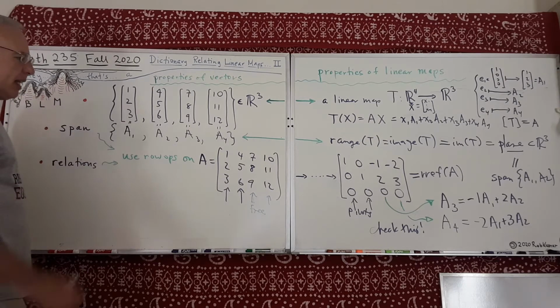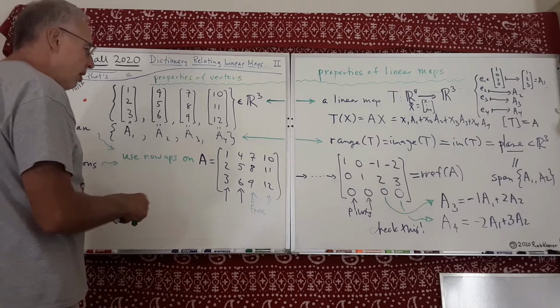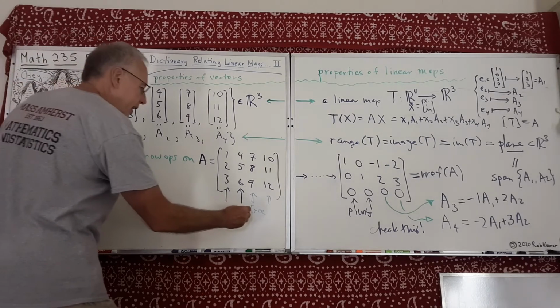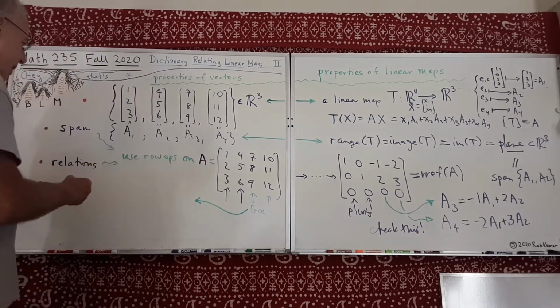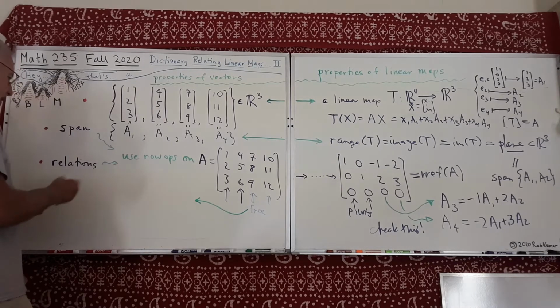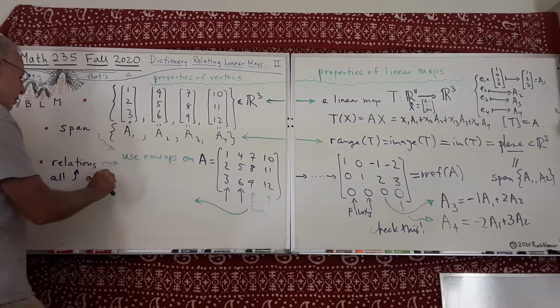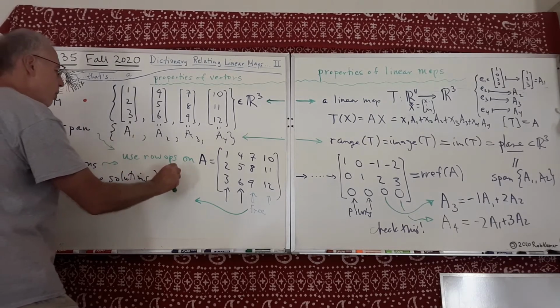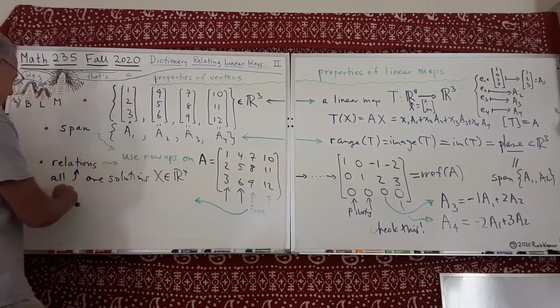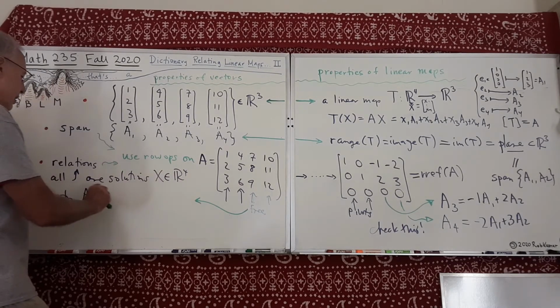What are all the linear relations? All the linear relations are the things that solve the homogeneous equation. So we look for all of these, which correspond to solutions x in R4 to Ax equal to 0.